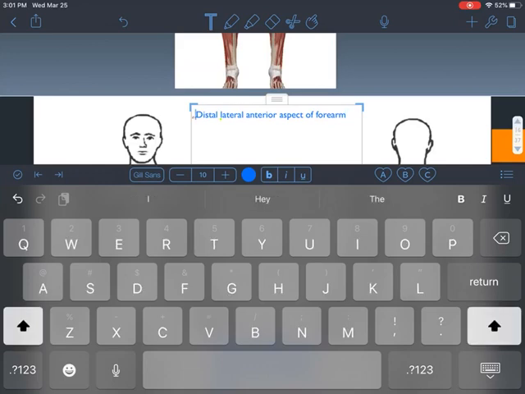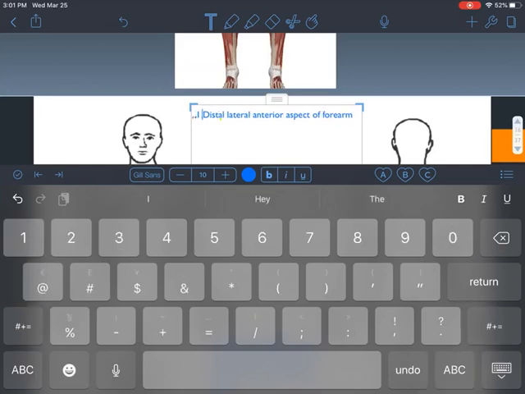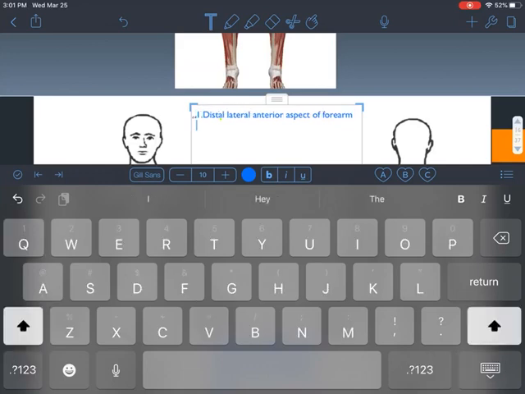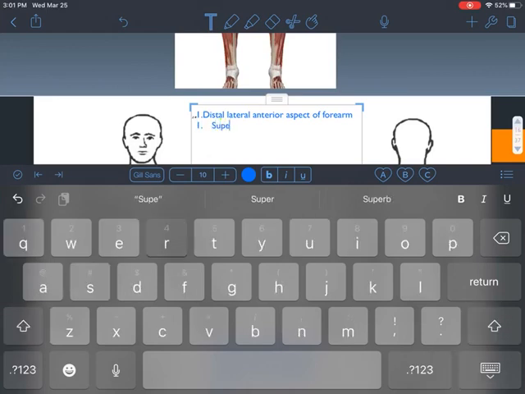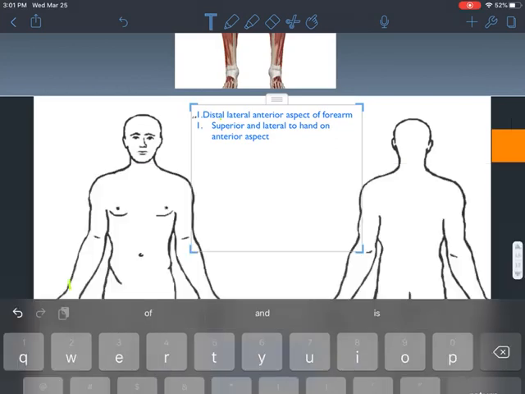And this is number one. But you could also say that it's just superior and lateral to hand on anterior aspect. So there's multiple ways that you could describe this stuff.